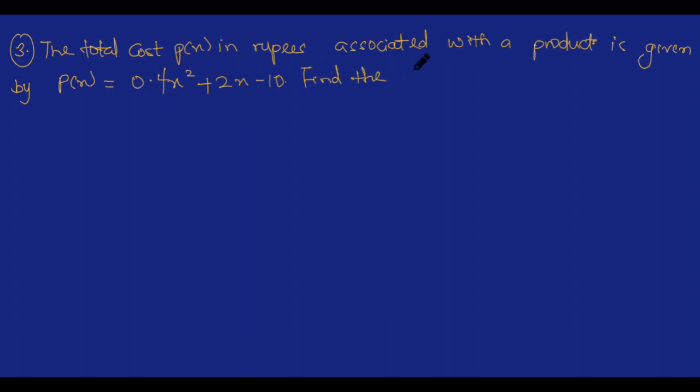Find the marginal cost if the number of units produced is 5.